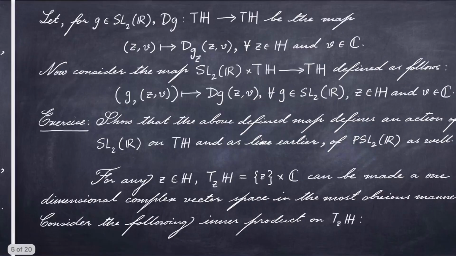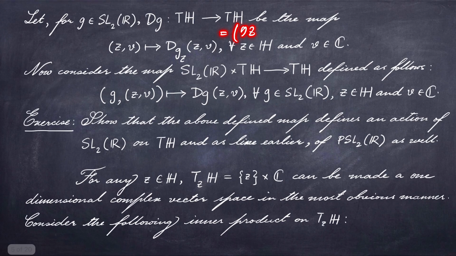Thus this is nothing but GZ comma V by CZ plus D whole square.